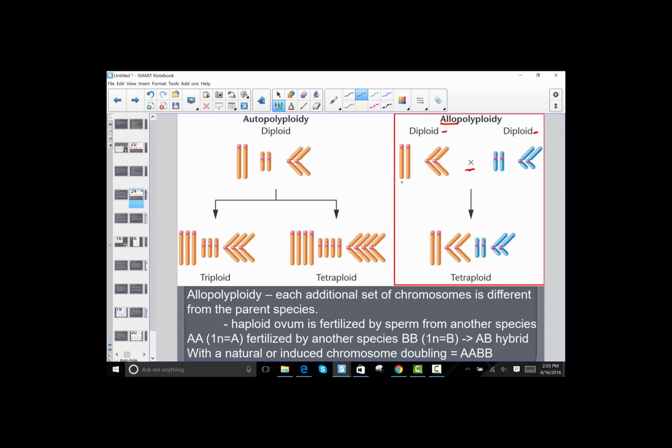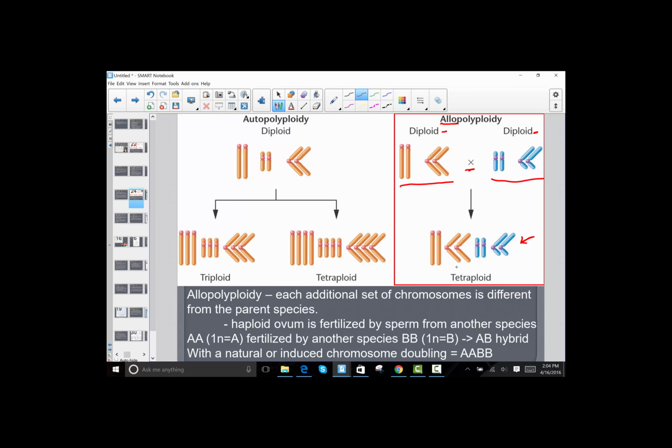So this is a complete complement for this individual and this is a complete complement for this individual. So if you then combine these 2, you're by nature going to create a tetraploid because we now have 2 complete sets of chromosomes for each of the different species that are represented.